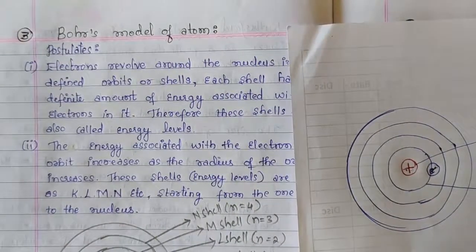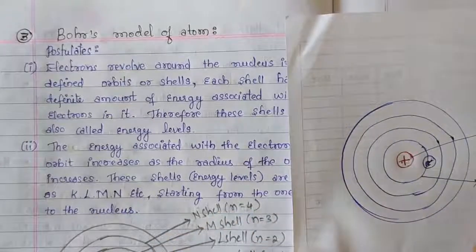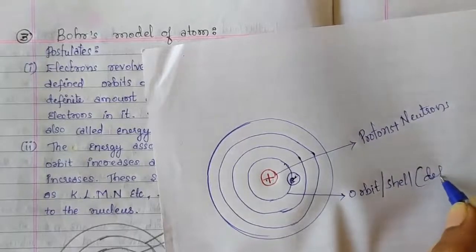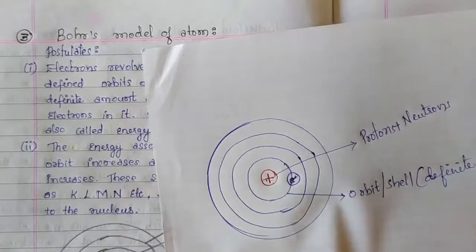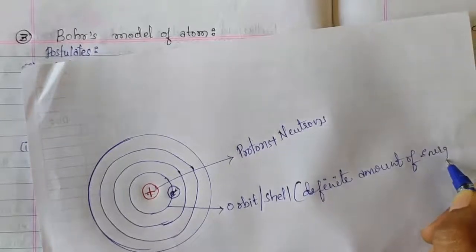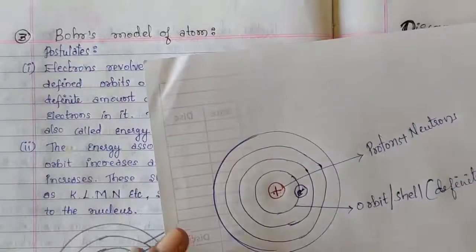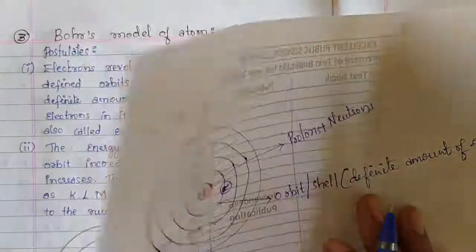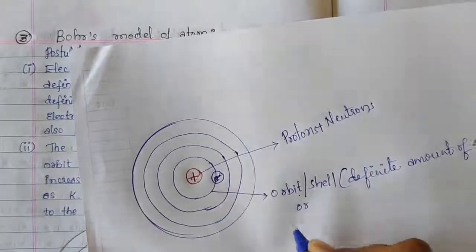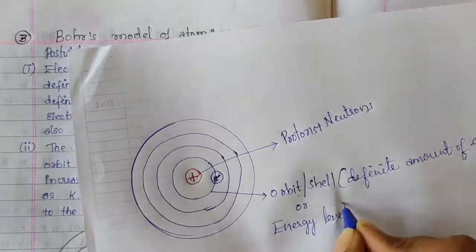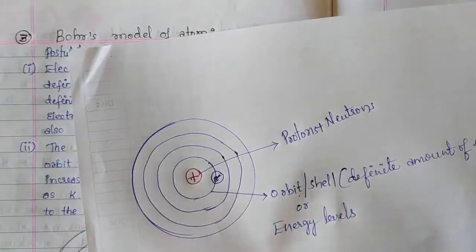Here, these shells or orbits have a definite amount of energy, and therefore these orbits or shells are also known as energy levels.